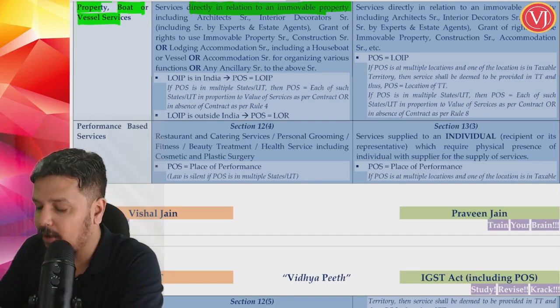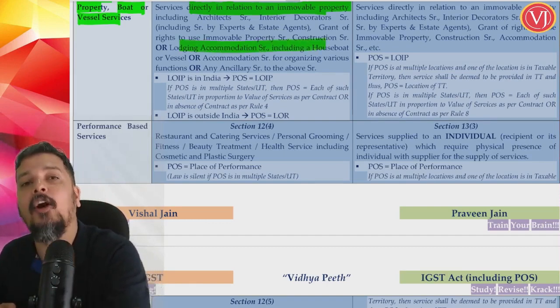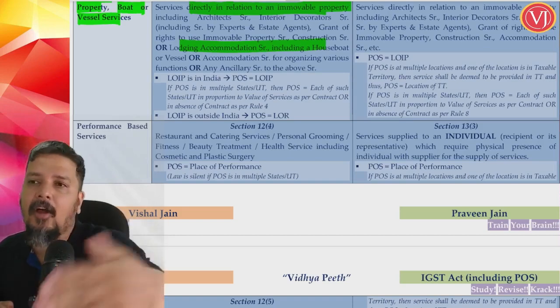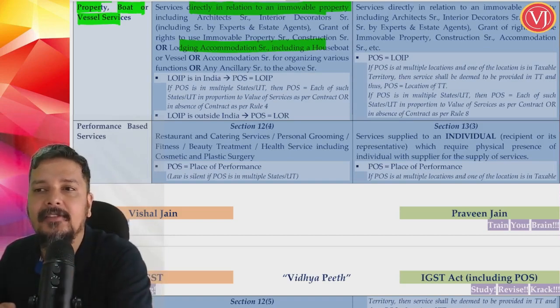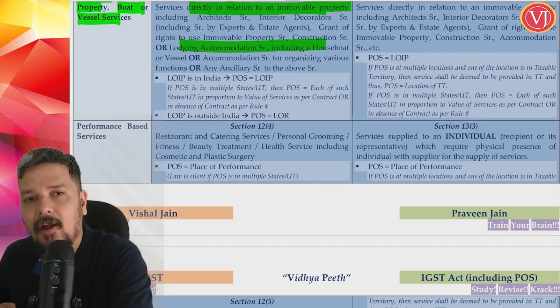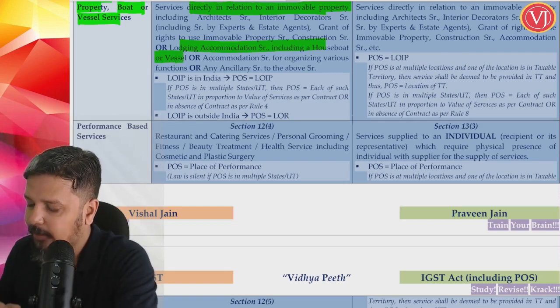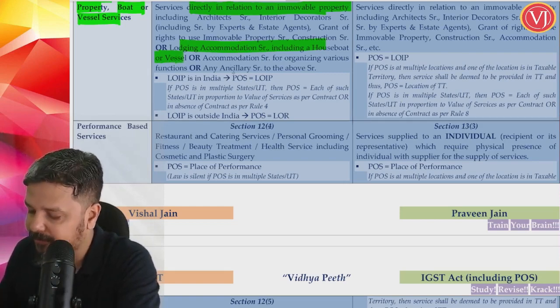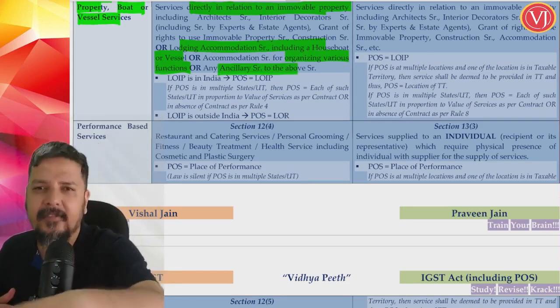Then they talk about lodging or accommodation services, including houseboat or vessel. Initially, it was all about immovable property. Now, when it talks about lodging and accommodation services, not only immovable property, but also houseboat or vessel, or accommodation services for organizing various functions, and ancillary services. What is meant by ancillary services? Related services.